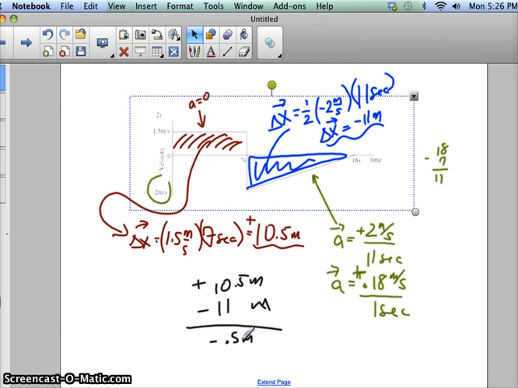So the object moved in the positive direction 10.5 meters, then it moved 11 meters in the negative direction. So from start to finish overall, the object is about 1/2 meter in the negative direction away from where it started. Okay? Let's do one more.